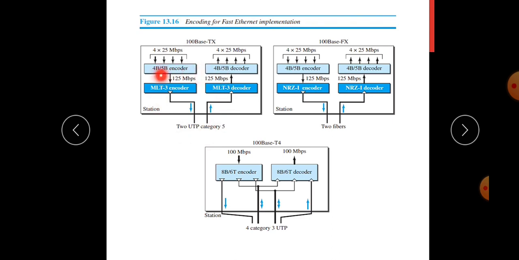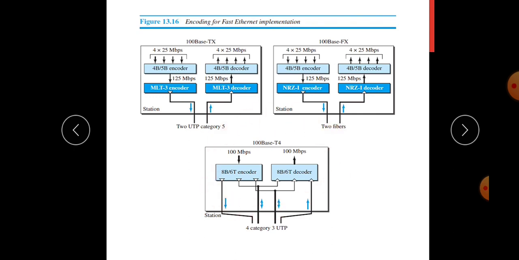For this implementation, the MLT-3 scheme was selected since it has good bandwidth performance. 100BASE-FX uses two optical fibers. Optical fibers can easily handle high bandwidth requirements by using simple encoding schemes. The designer of 100BASE-FX selected the NRZ-I encoding scheme for this implementation.